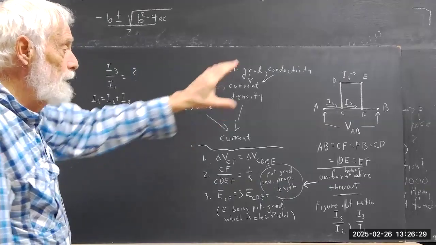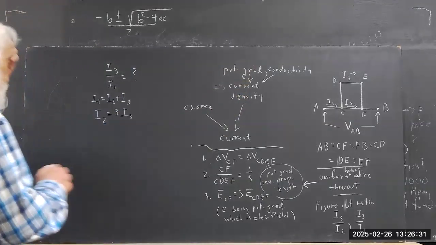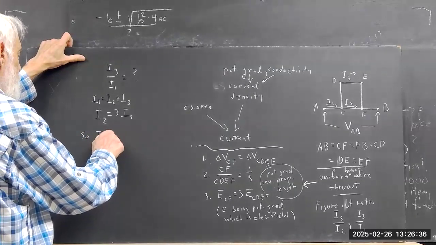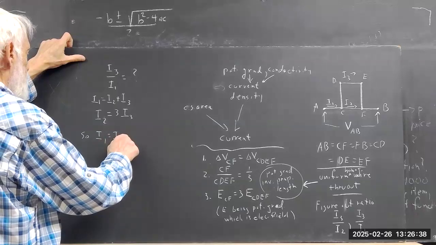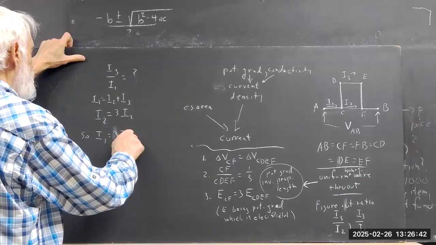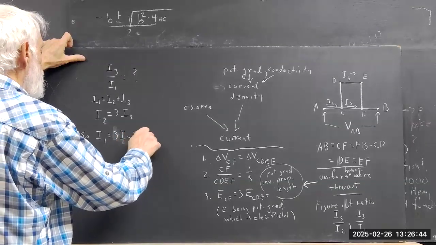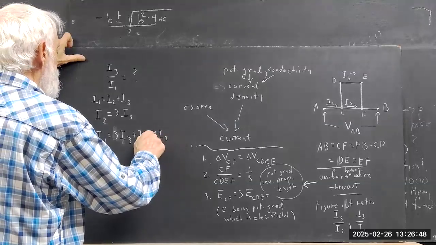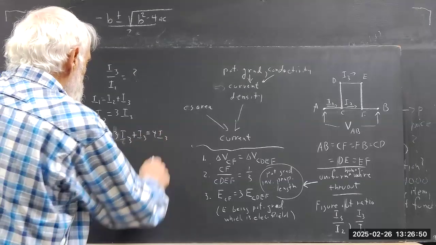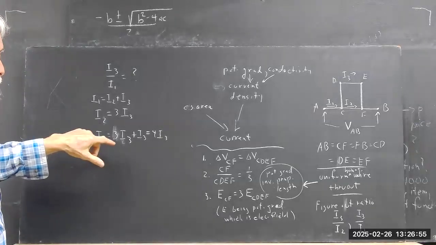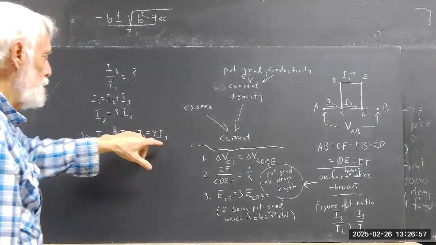So you do it symbolically, we can do it intuitively. So I1 equals 3I3 plus I3, which is 4I3.